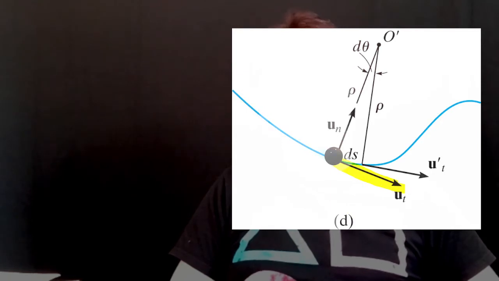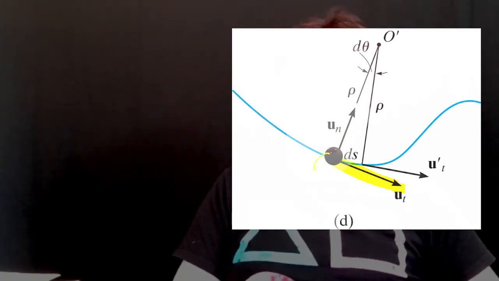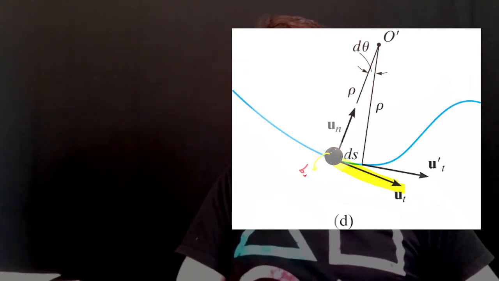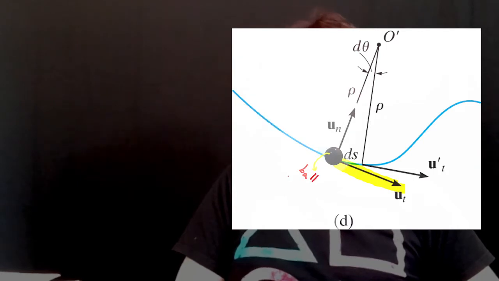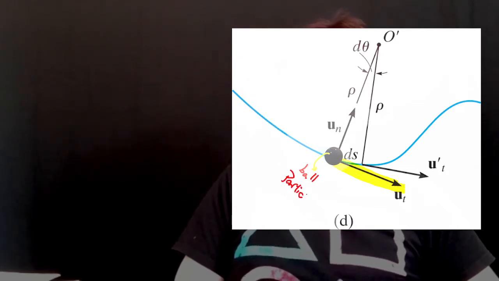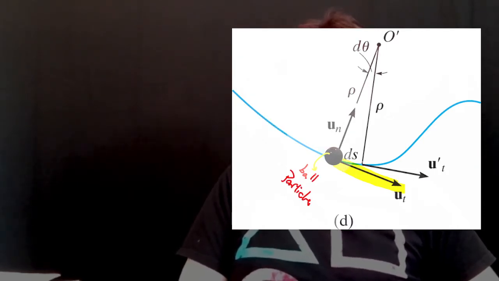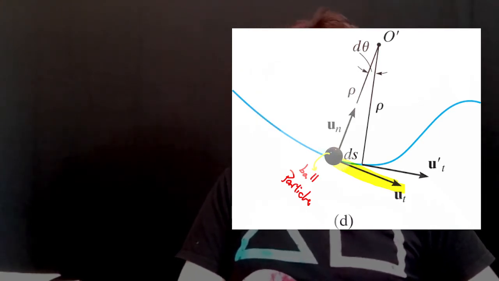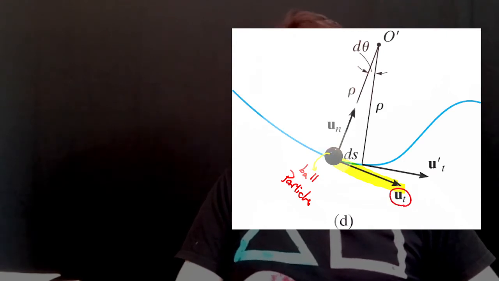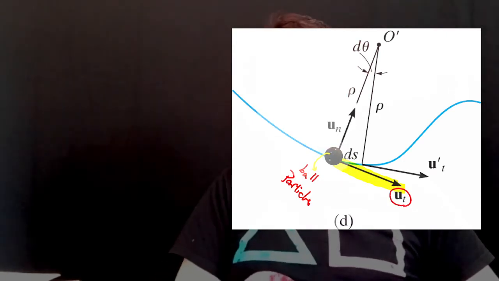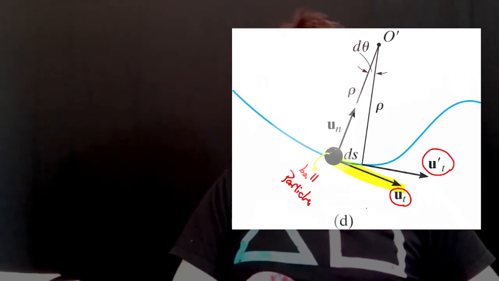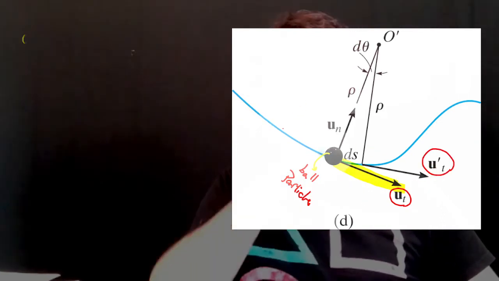If you have a closer look at a ball, a particle, which moves on a curve over a distance ds, the unit vector in tangential form at the first location is u_t, and as it moves a bit farther along the curve, it becomes u prime t.